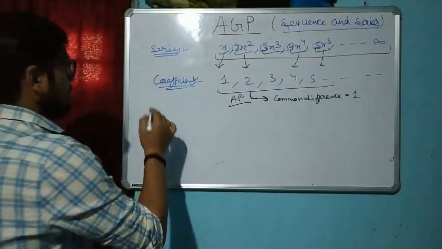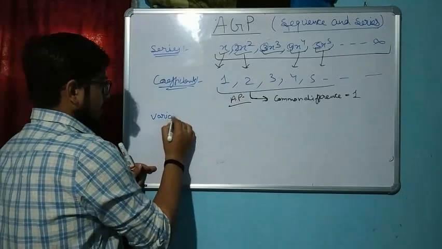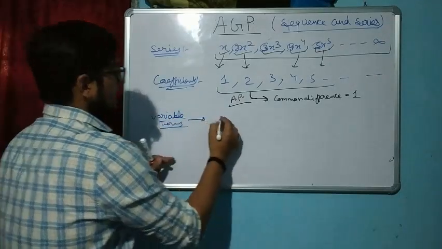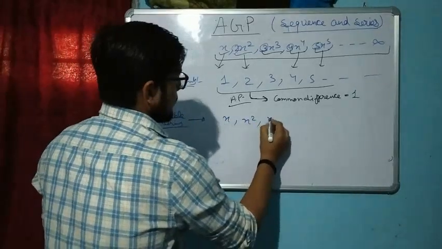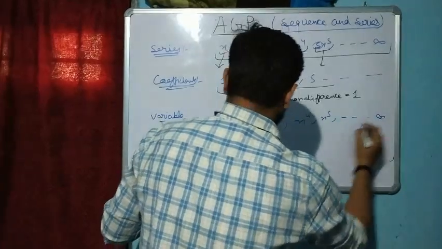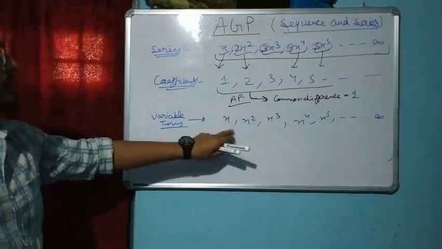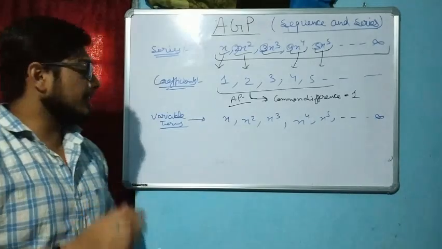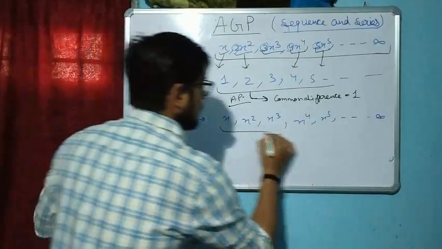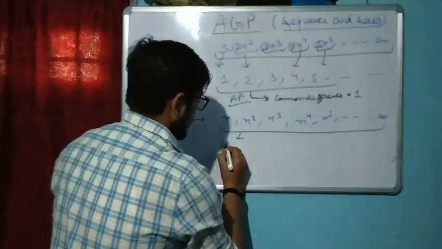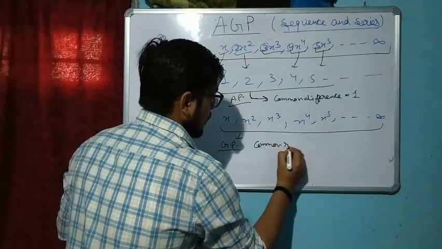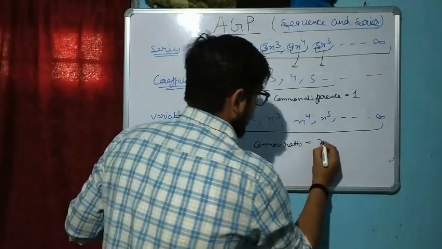If you look at the variable terms, they are x, x square, x cube, x raised to power 4, x raised to power 5 and so on. Now these terms are terms of a geometric progression having common ratio equal to x.